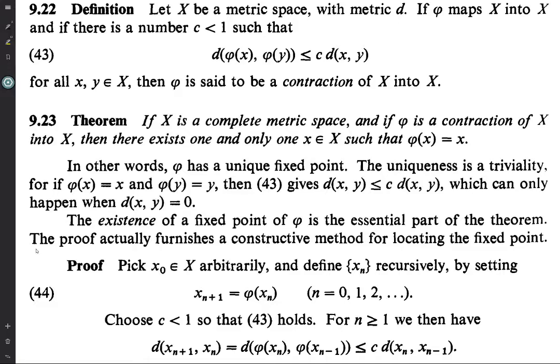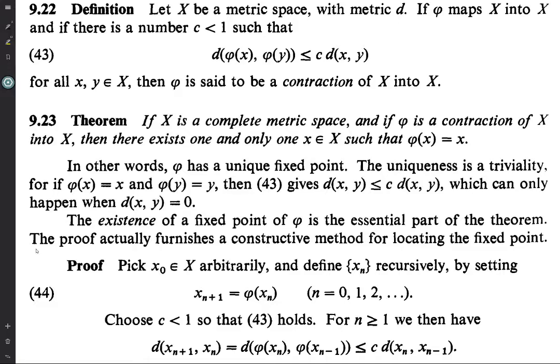And so you can sort of think about it like this: if you take x and y and you feed them through phi, they'll get closer, and you feed them through phi again, they get closer, and closer and closer. So you can imagine maybe they'd be approaching this fixed point.